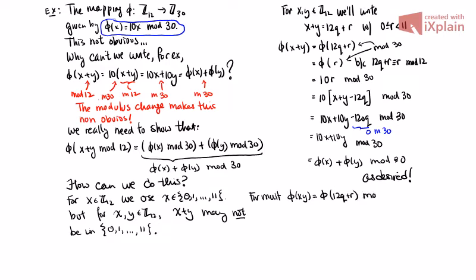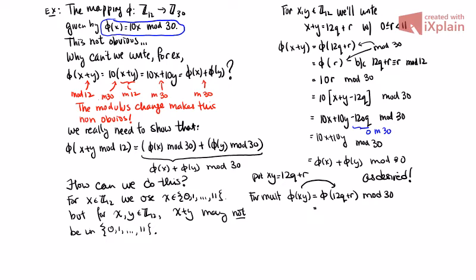This is mod 30. Just to clarify, what we've done here is we've put xy equals 12q plus r. Same thing, the remainder is between 0 and 11, possibly 0.